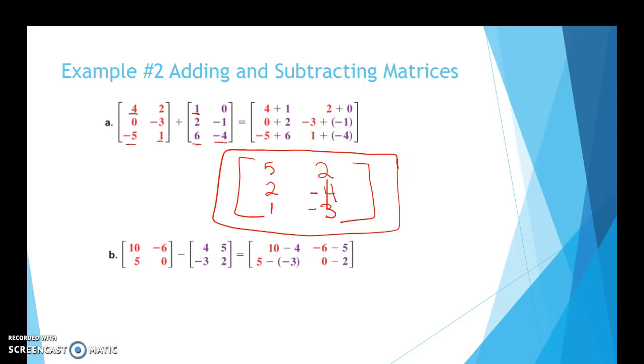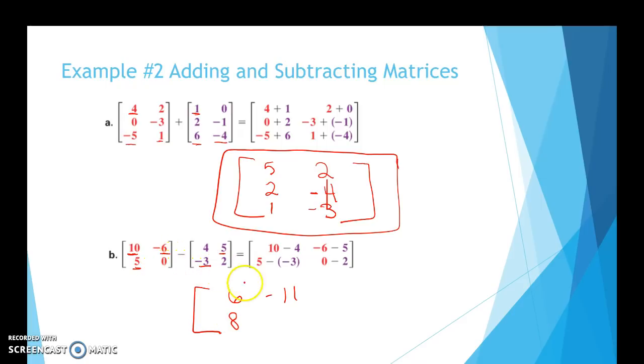Now, the next one, they want us to subtract. So very similarly, and it shows here the steps, you would subtract 10 and 4. We're going to get 6. -6 and 5 is going to give me -11. I'm sorry, -11, not -1. Then we're going to have 5 and -3, to get 8.